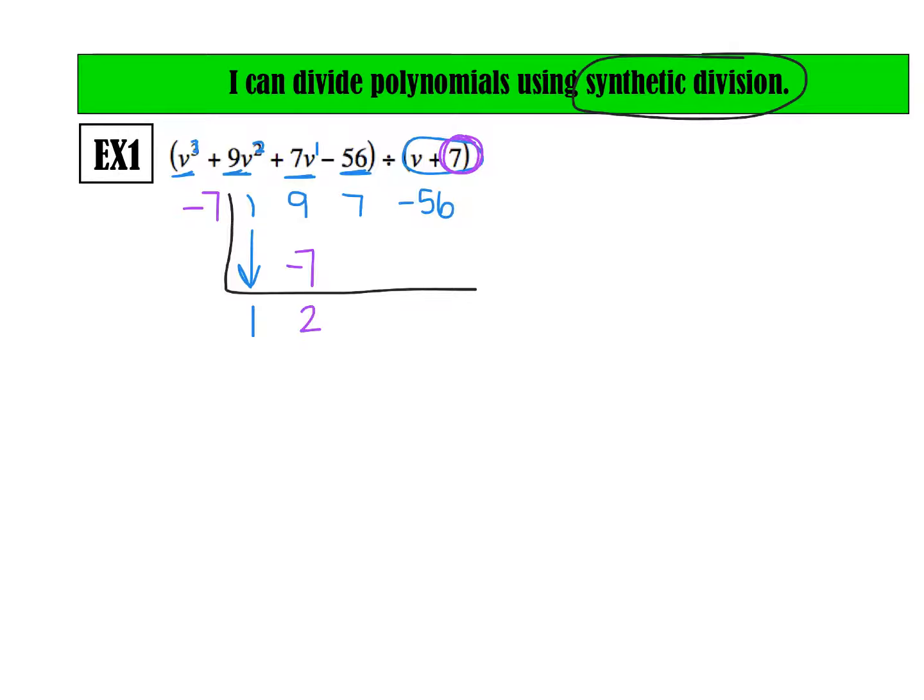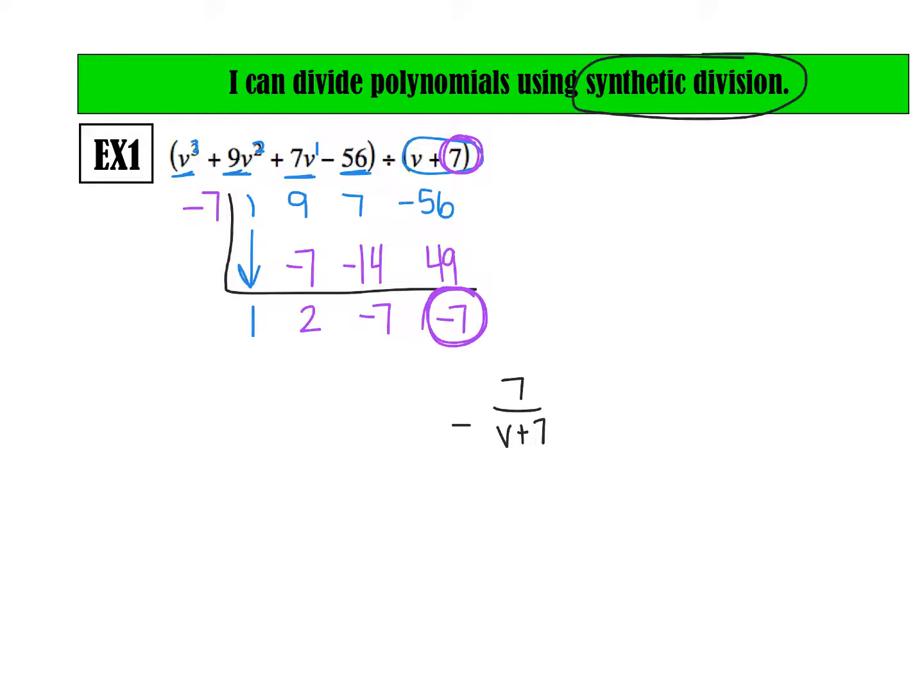And then I do negative 7 times 2, which is negative 14. And then 7 minus 14 is negative 7. And then I have negative 7 times negative 7, which is 49. And negative 56 plus 49 is negative 7. This last number is always my remainder. And so I know that I'm going to have minus 7 over v plus 7 on the end.